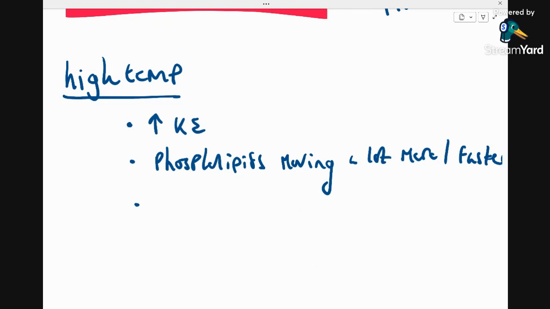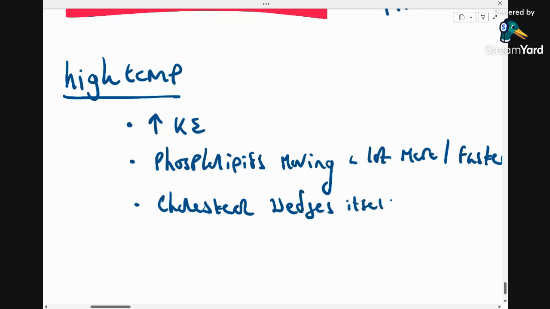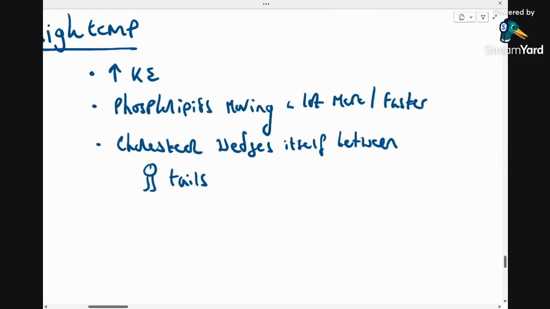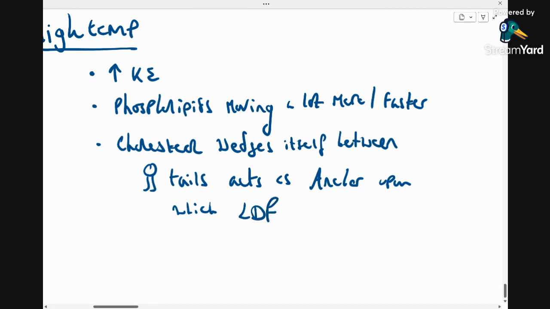Cholesterol stops this because cholesterol wedges itself in between the phospholipid tails, and it acts as an anchor upon which, or to which, we can form London dispersion forces.